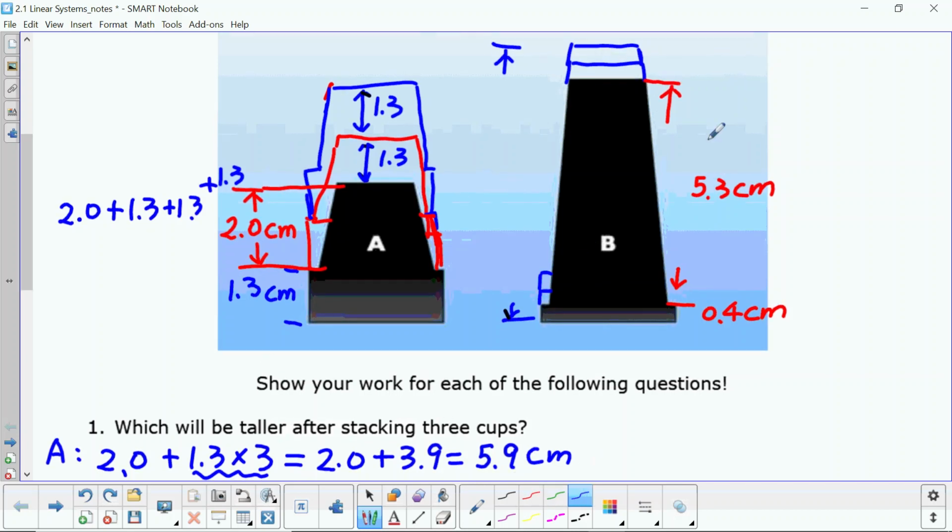So you have the 5.3 here. This is a 0.4. You have another 0.4 here and 0.4 here. So actually, it is 5.3 plus 0.4 plus 0.4 plus another 0.4.